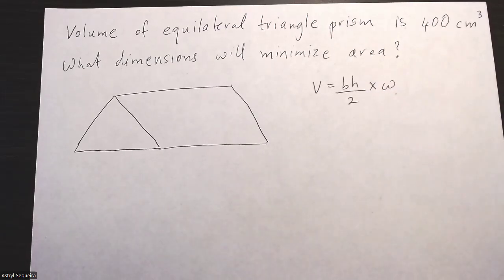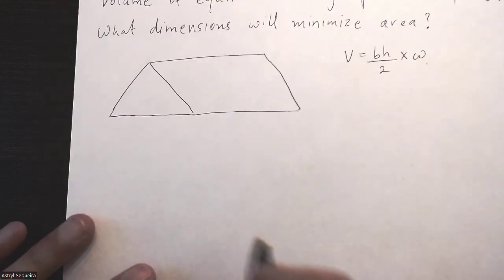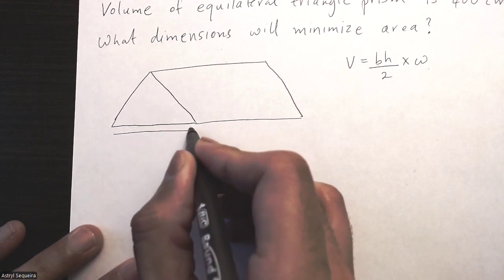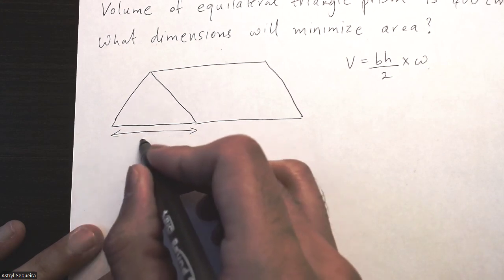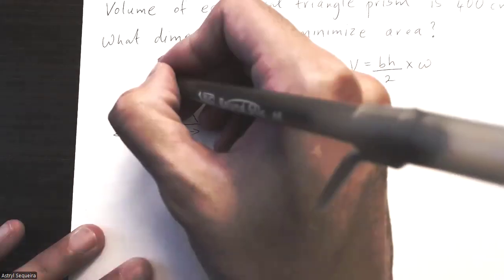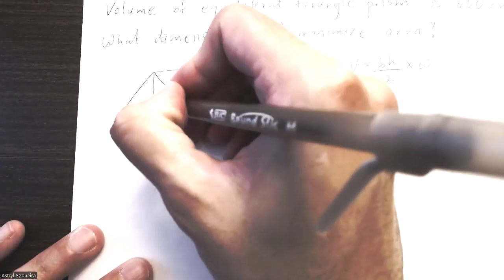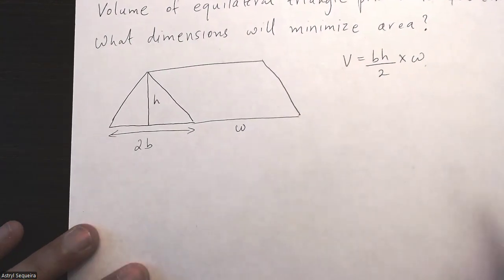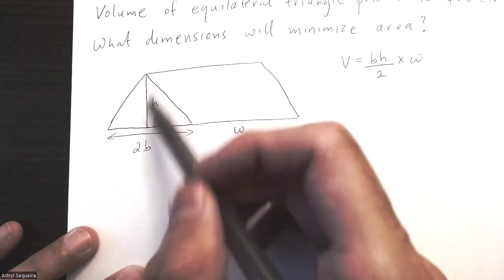But to make things a bit easier in this question, what you want to do is define the base over here as 2b, and then the height can just be h, and then the width will just be the width. And the reason we do this is because eventually we're going to use the Pythagorean theorem.